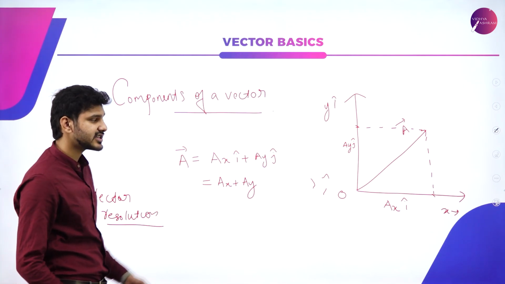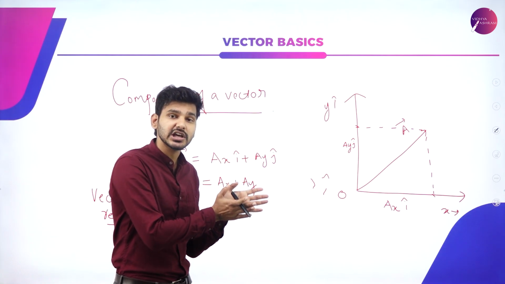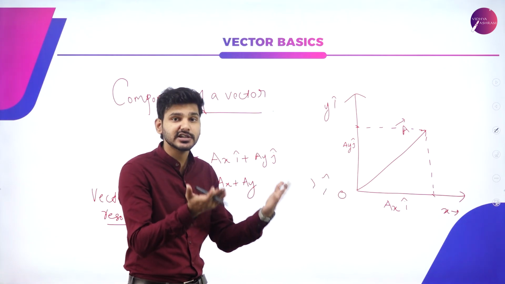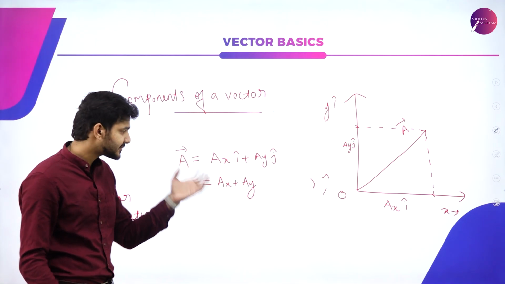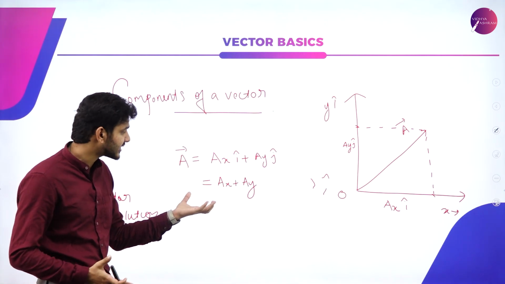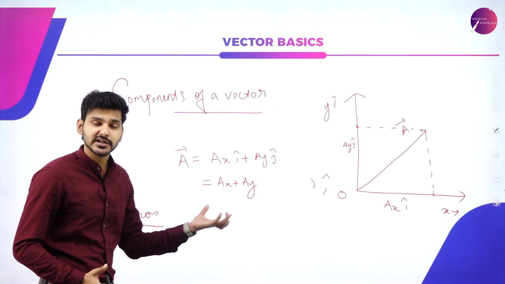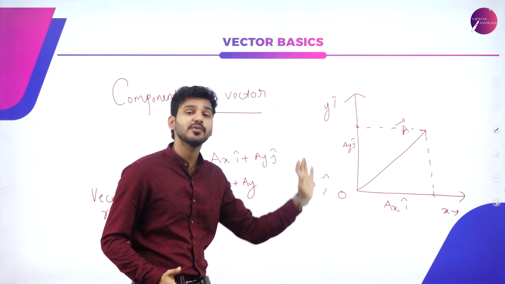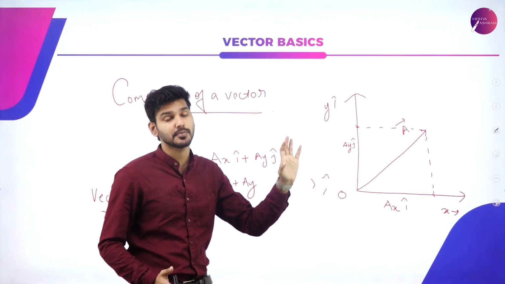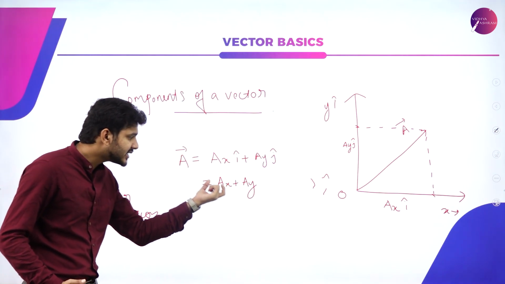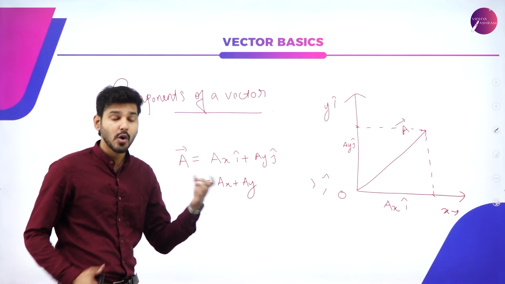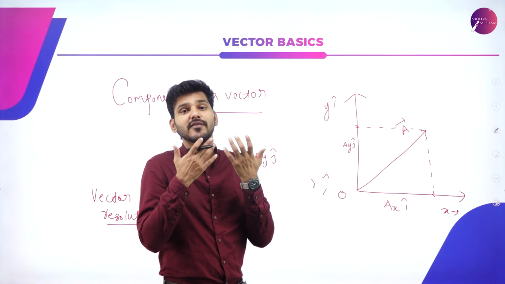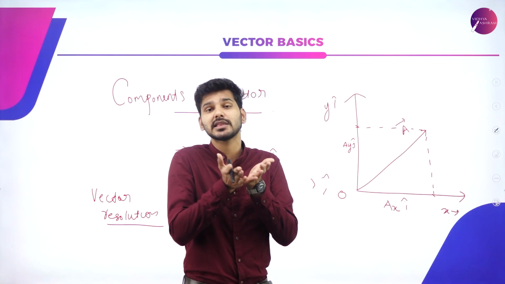This process of writing down a particular vector in terms of its axes is known as vector resolution. For this particular vector, I am writing down its vector components in the x and y plane, in terms of the x axis component and in terms of the y axis component. Why we have to write it like this is for mathematical reasons.